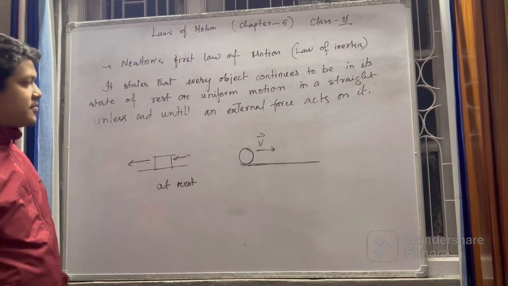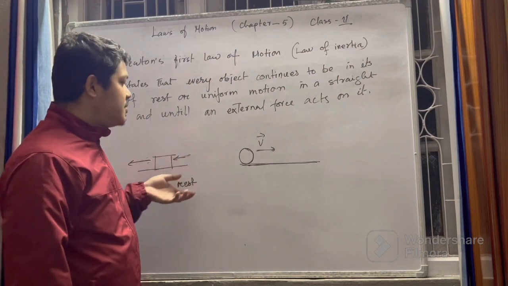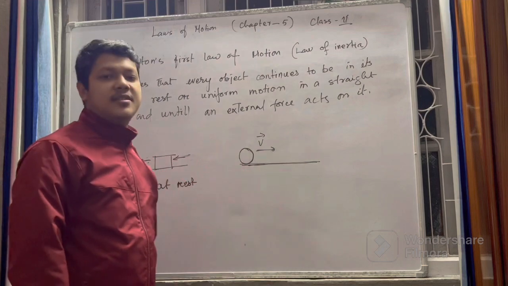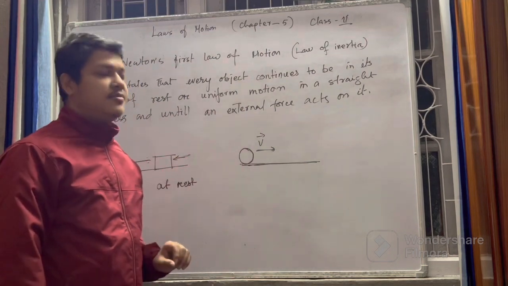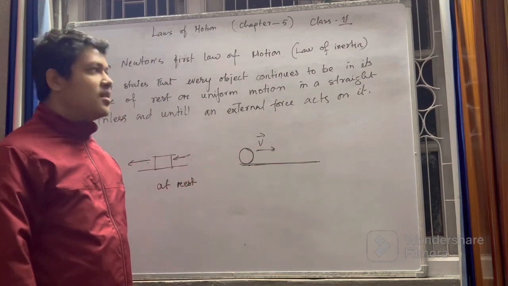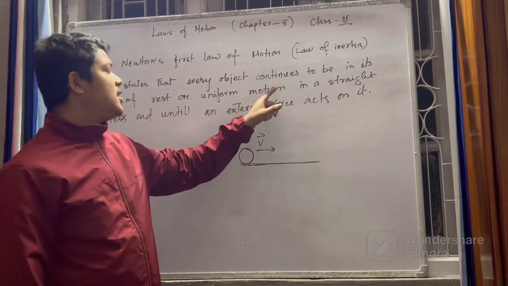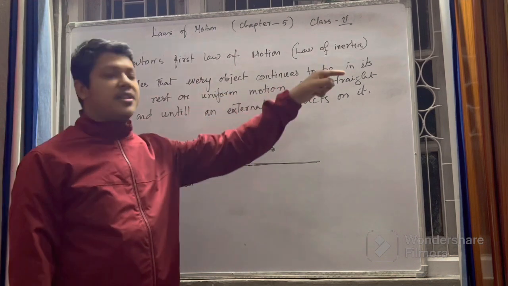Now you see, this is the ball. If you roll it over a surface, it will cover a certain distance and then, though you don't touch it physically, it will stop. But according to the law, it should keep moving with the same velocity in a straight line.